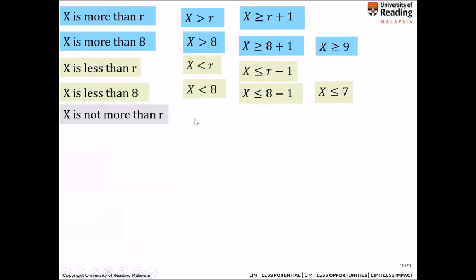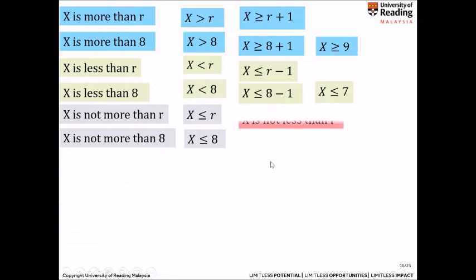X is not more than r. So that means x is less than or equal to r. So your answer, x is not more than 8, meaning x is less than or equal to 8. X is not less than r, meaning x is greater or equal to r.